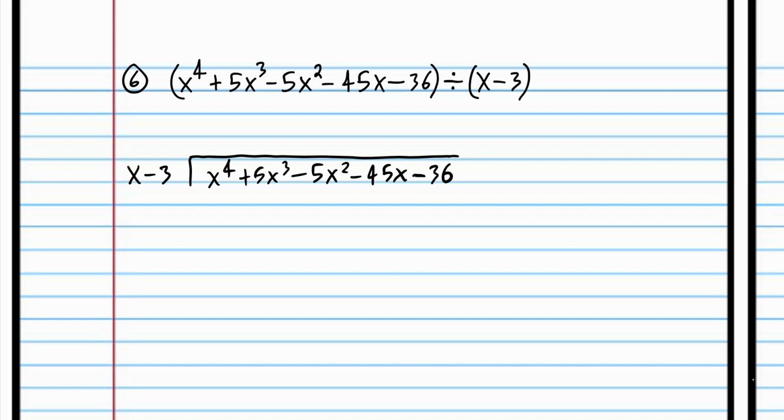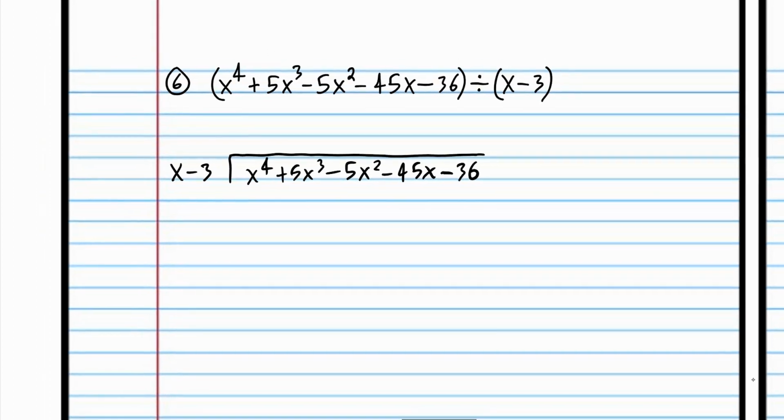You don't want to waste your time doing a lot of work and then find out you didn't write the problem down correctly. So now we're going to ask, if you multiply the first term in the divisor by some number, what would that number be to get x to the 4th? So x times what is equal to x to the 4th? And the answer is x cubed.